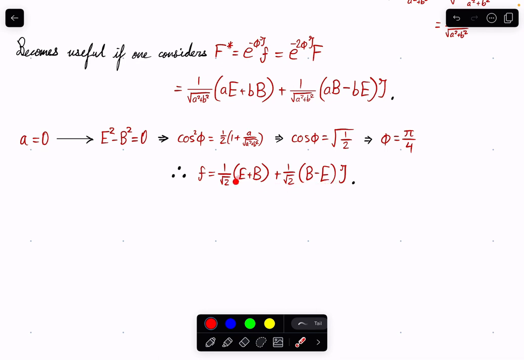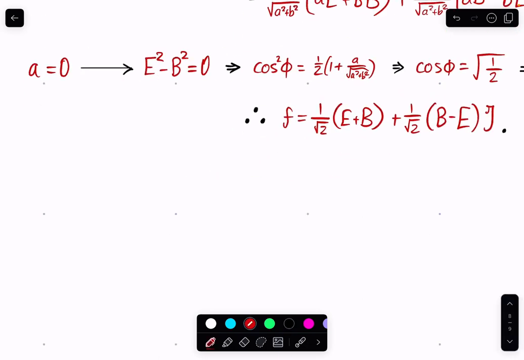You have the e plus b and then b minus e, which are components of the traditional bivector field, and then you have components of the dual field in it, and it's a superposition of that.